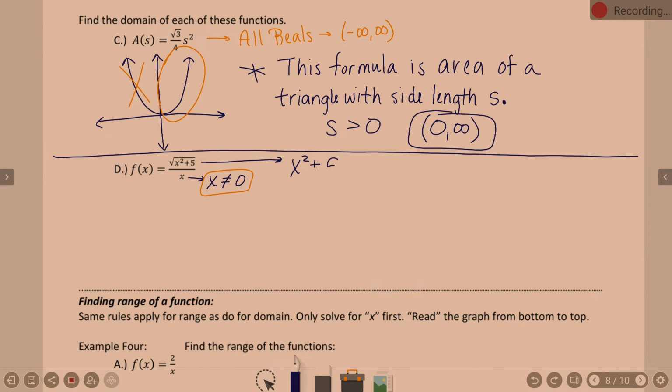So x squared plus 5 greater than or equal to 0. Officially, we solve this, right? How do you solve x squared plus 5 greater than or equal to 0? Subtract 5.